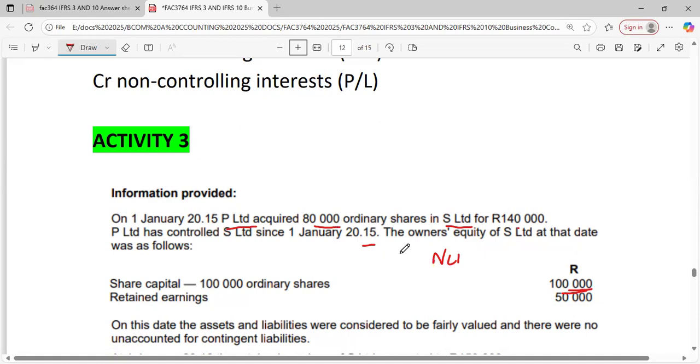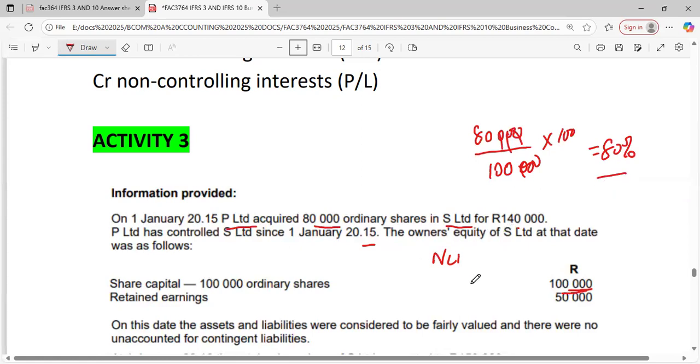If they acquired 80,000 shares out of 100,000, what percentage did they acquire? It's going to be 80 over 100,000 times 100. Is it going to be 80%? 80%. So they acquired 80% here.